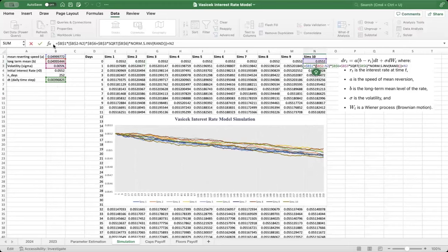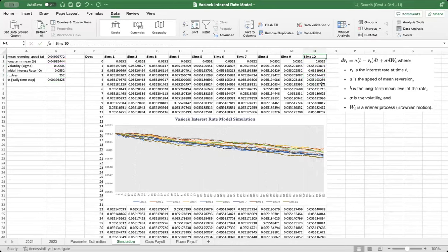We'll use the same parameters, and the only thing that will change is the interest rate, the r_t term, which is nothing but the previous interest rate. So this was all about how to simulate the interest rate using the Vasicek interest rate model. Any doubt, guys, up till now?